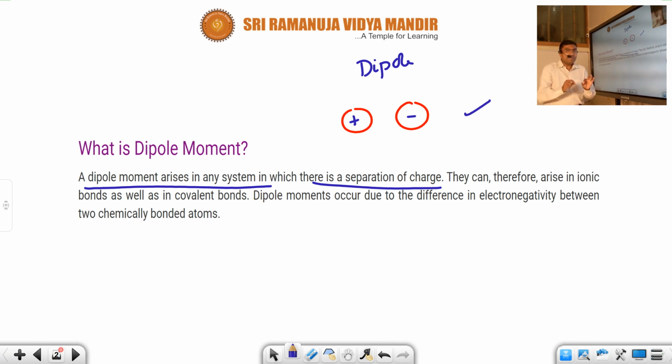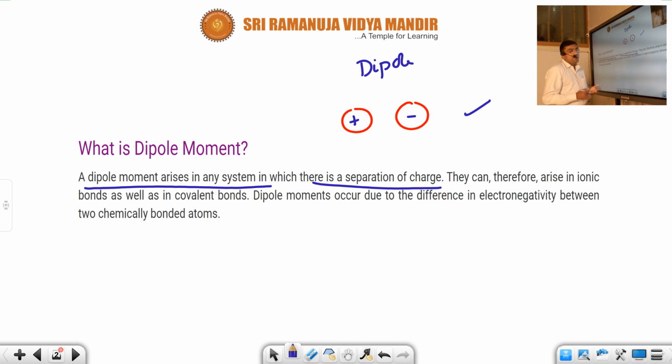This separation of charge is going to give ionic character to a particular compound. So the concept of ionic character or ionic nature is induced in a system, compound or molecule by virtue of its charge.